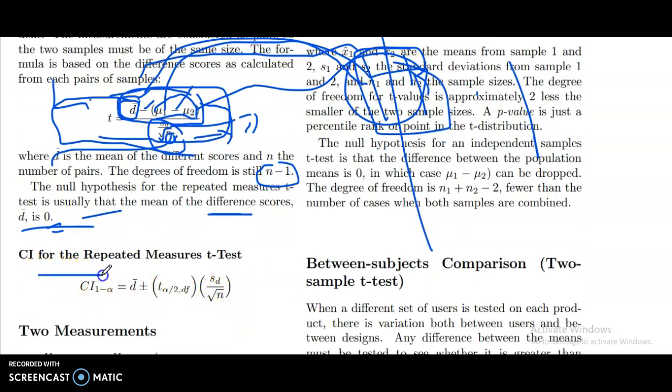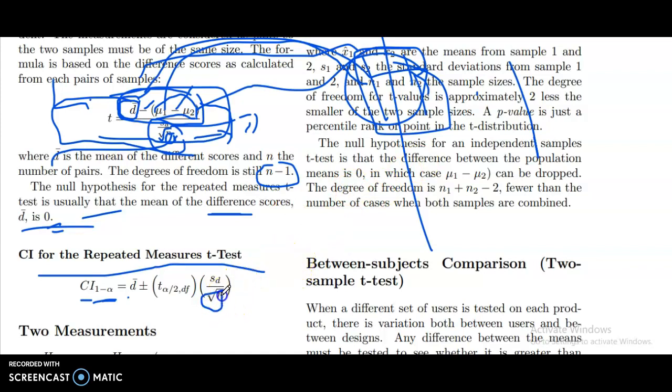CI for the repeated measures t-test. Normally we subtract the alpha value from 1, equal to the mean of the difference scores d bar plus or minus t alpha divided by 2 times s_d divided by root n.